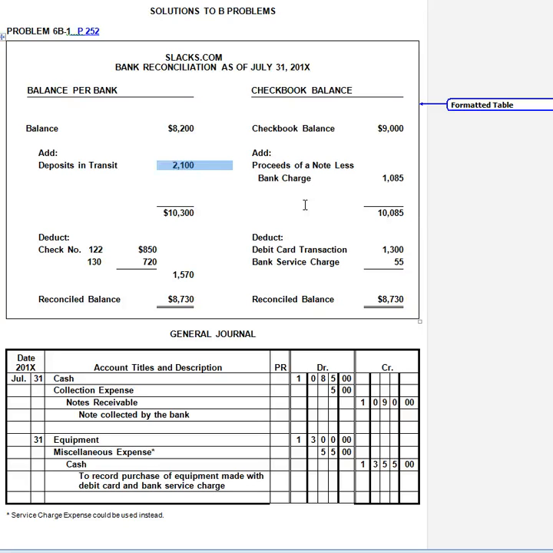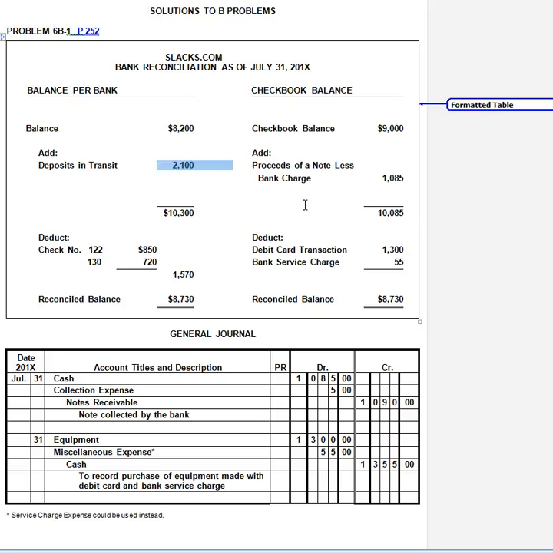So not an uncommon practice. So that Slacks, we got a credit by the payment of whoever owed us the money of 1090 came in and paid the bank. So the bank has the dough, but we don't have it yet.